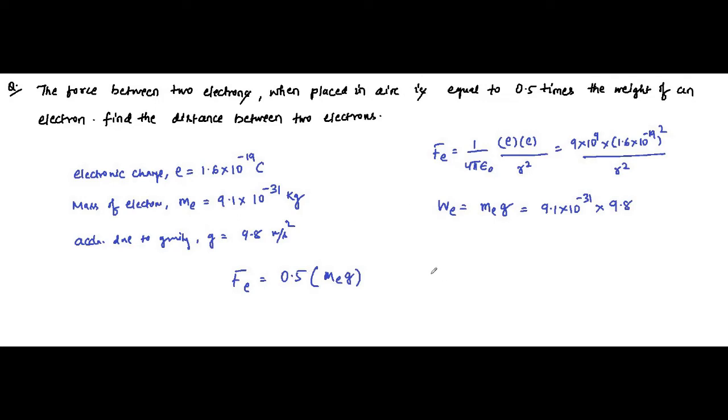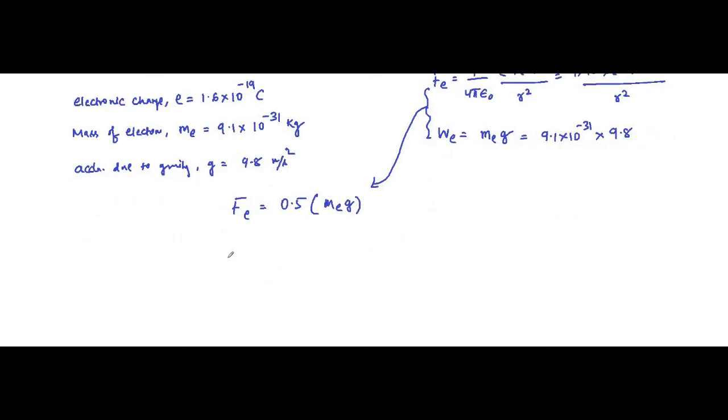So if we put these values in this equation, then it becomes 9 into 10 to the power 9 into 1.6 into 10 to the power minus 19 whole square by r square is equal to 9.1 into 10 to the power minus 31 into 9.8.